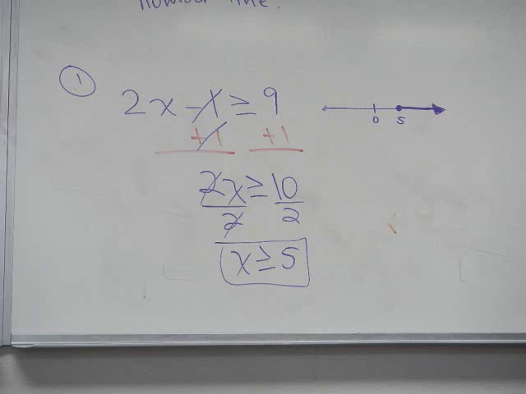All the numbers that are greater than or equal to 5. And when you graph the solution on a number line, you're going to say 0. You go to 5. You put a closed circle. And then you say to the right. Questions? No, this is all right.